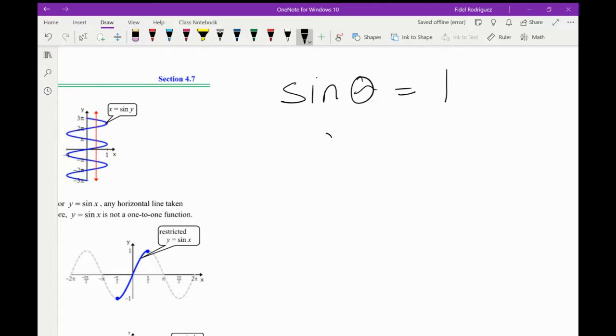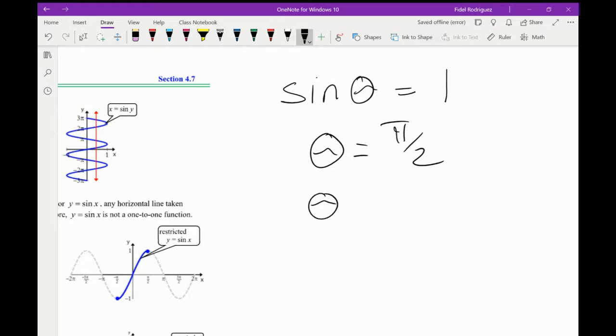Could you tell me what angle I would have to take the sine of so that I would get 1? When is the sine equal to 1? Remember we talked about our 5 main points: 0, pi over 2, pi, 3 pi over 2, and 2 pi. Do you remember the sine of what angle gave me 1? 90 degrees, right? Or pi over 2.